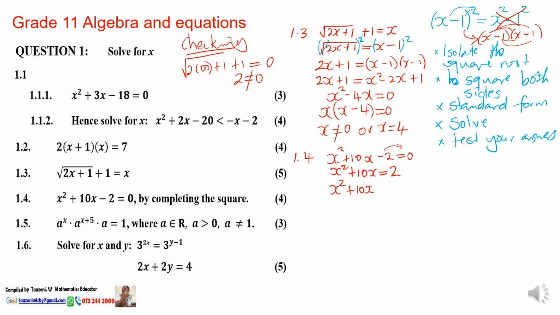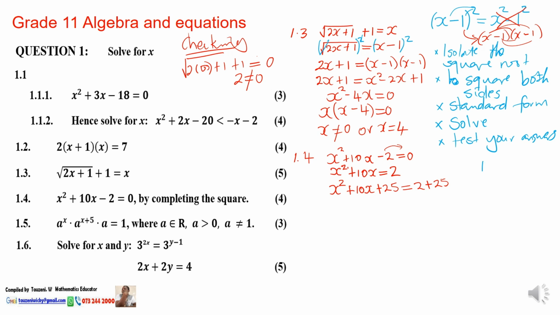That squared answer, you add it to both sides of this equation. So I add 25 on both sides of the equation. I'll say this one again. You divide the coefficient of x.